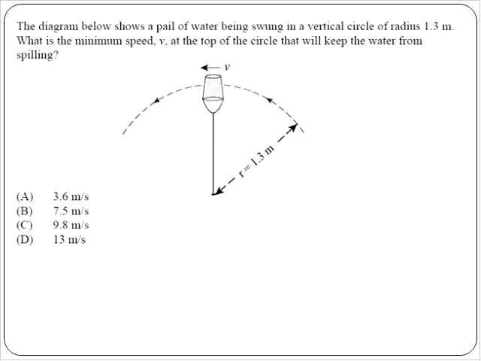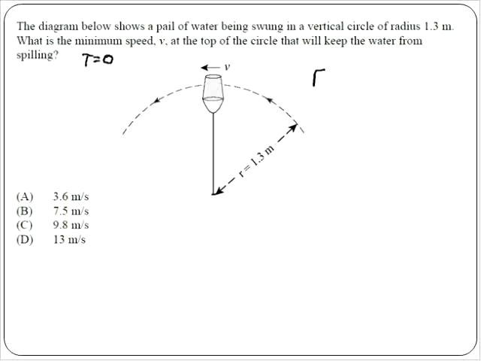This one here. Now we've got a pail of water being swung in a vertical circle with a radius of 1.3 meters. We want to know the minimum speed at the top that keeps the water from spilling. Well, at the minimum speed, the tension in that string would become 0. We want to know at what speed would the tension be exactly 0.